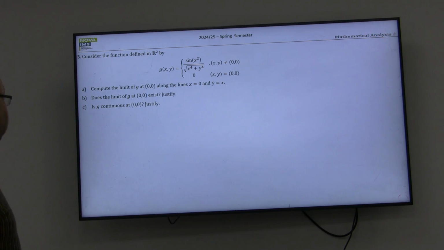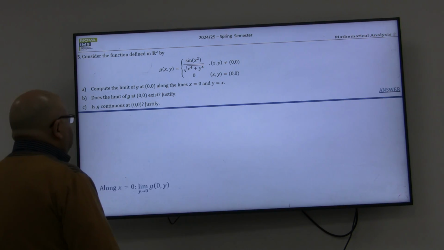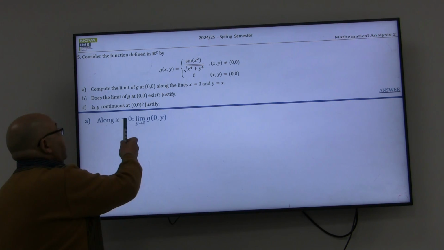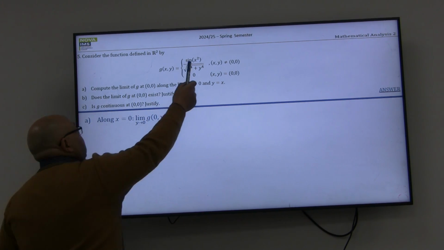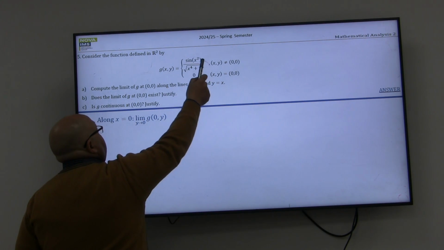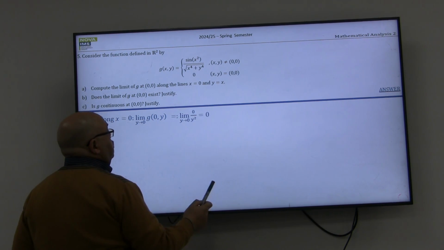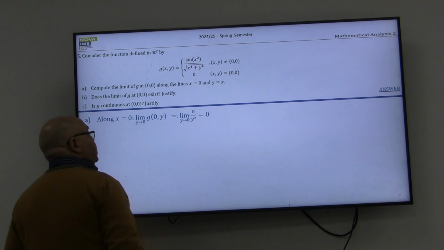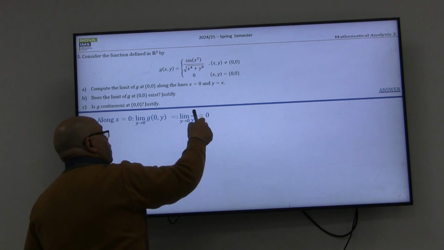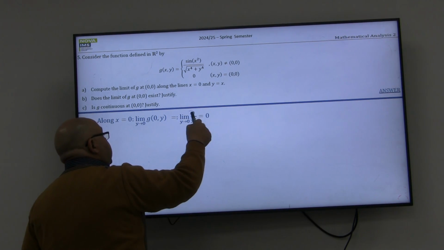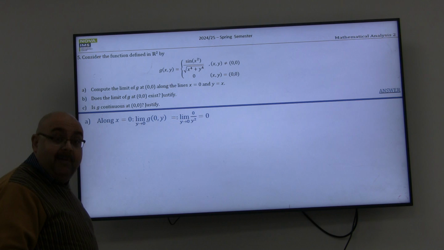All I have to do, as you know, for the first part, is to make the substitutions through the y-axis. So I will substitute in this function x equal to 0. And once you do so, it's going to be 0 over y squared, which is 0, because the substitution is done before the use of the limit.